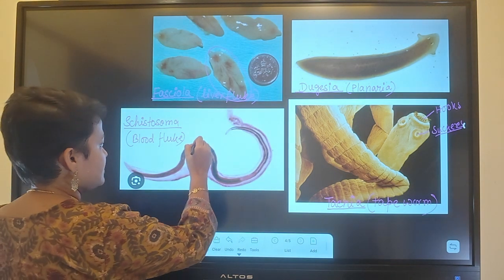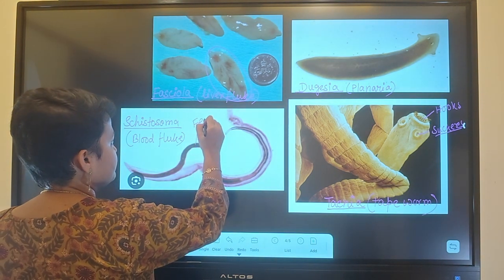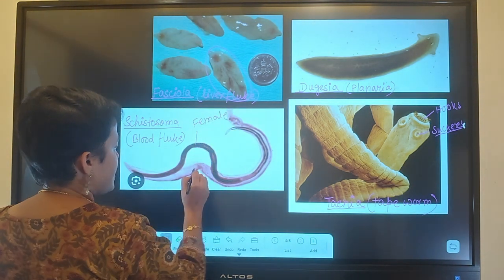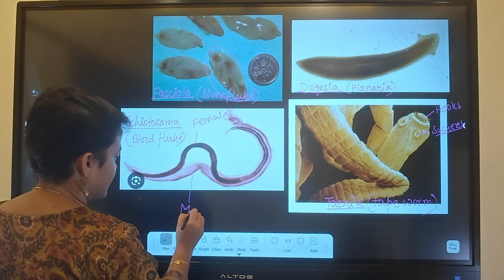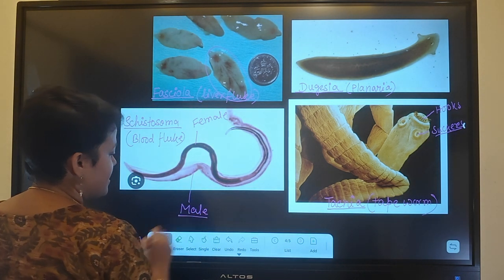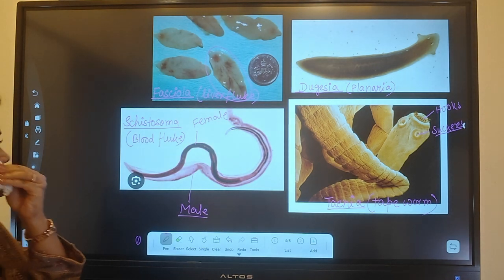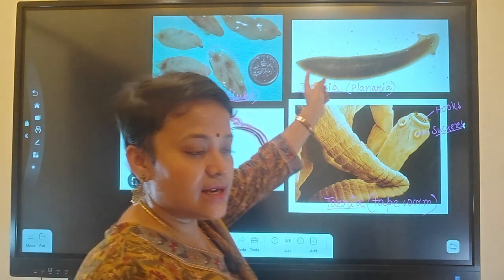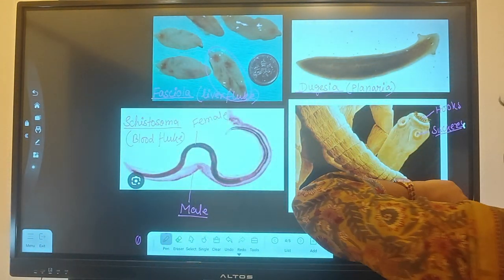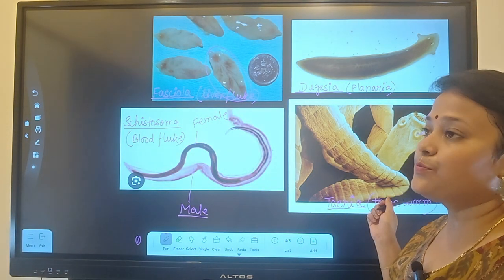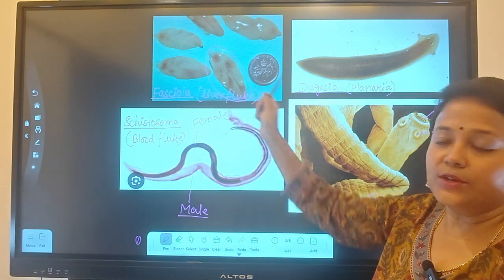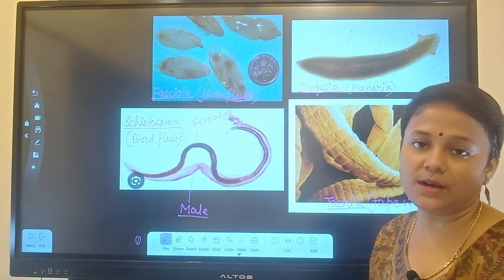So this one is female and this one is male. So they are unisexual. Okay. So here we have discussed 4 examples: Dugesia, that is planarian, Taenia, that is tapeworm, Fasciola, liver fluke, and Schistosoma, blood fluke.